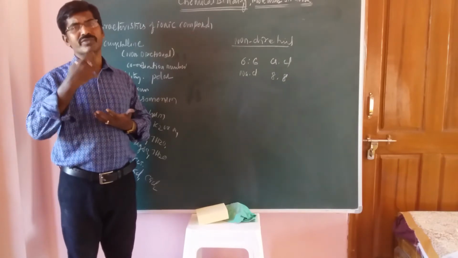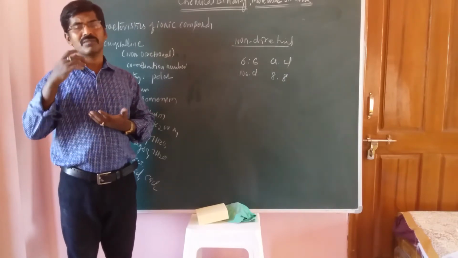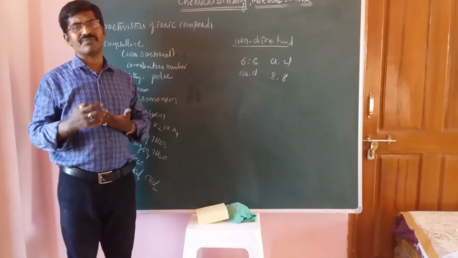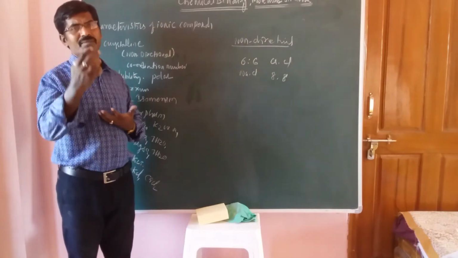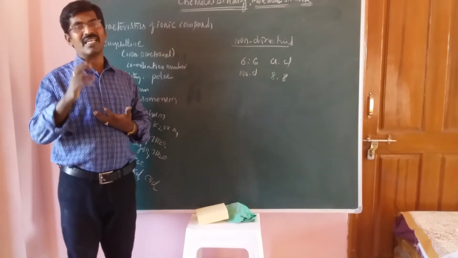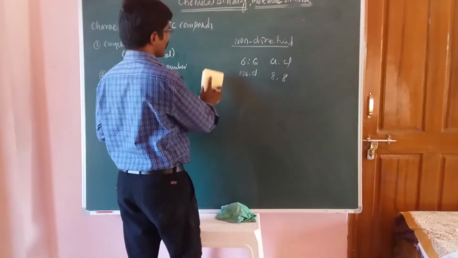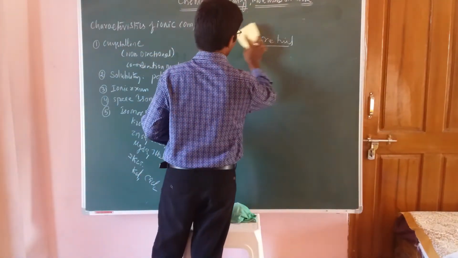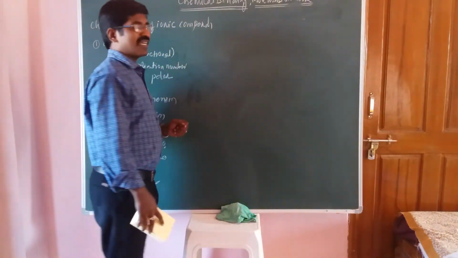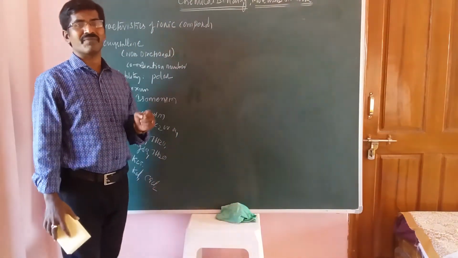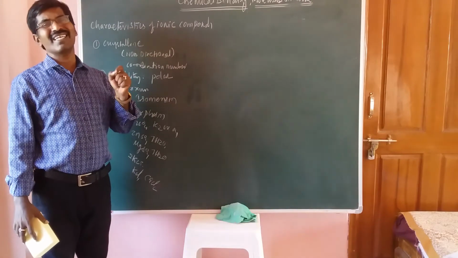Some compounds have coordination number 4, some 6, some 8, 10 and 12. So ionic compounds have higher coordination numbers and are crystalline in nature.